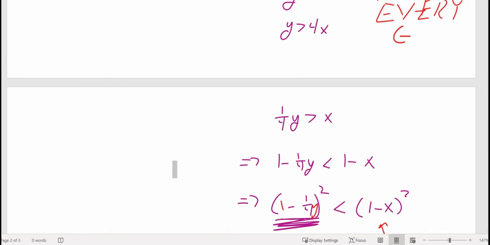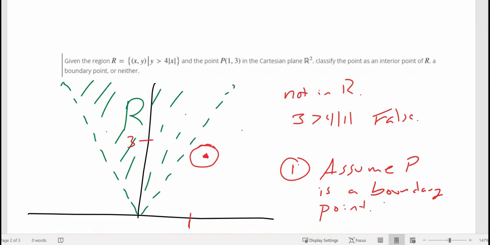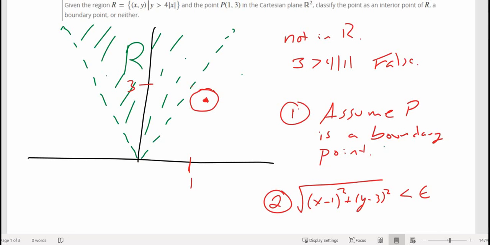But in a nutshell, one of the things that you need to think about, just as definitions, is this: boundary point, interior point, neither one. An interior point, you could draw the little circle and it stays completely inside of that region. So this one would be interior.